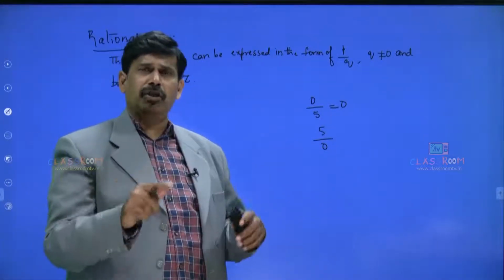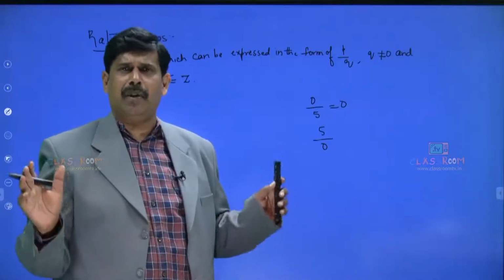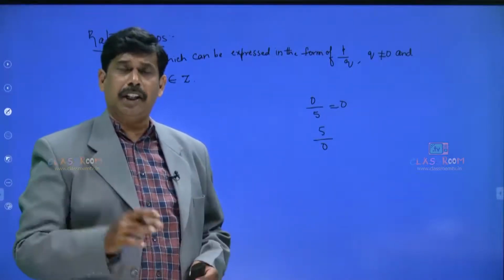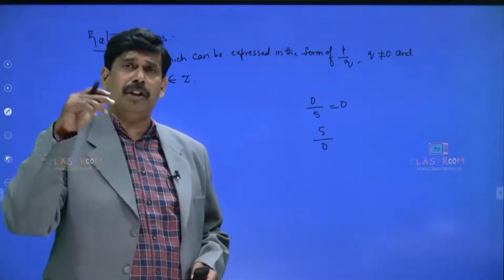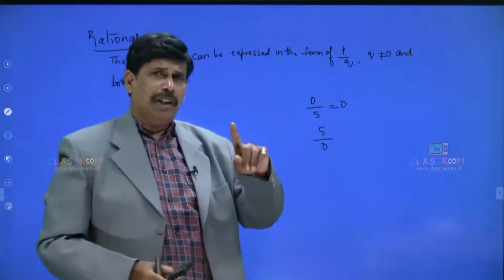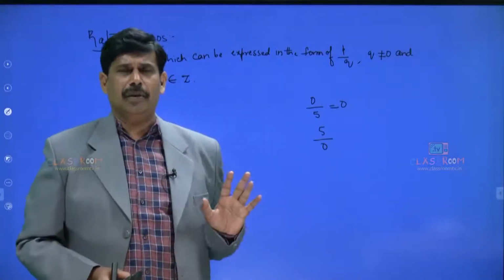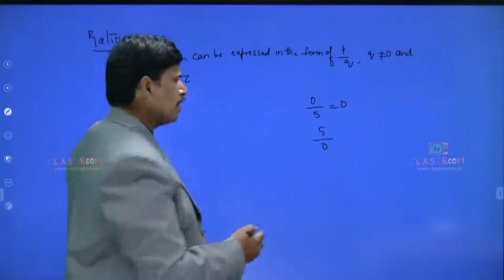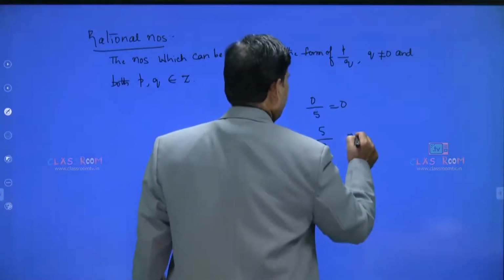If 0 is in the numerator, the result is 0, no matter whatever the denominator is. 0 by 0 is a different form, an undetermined form. So if the numerator is 0, the result is 0. But if the denominator is 0, then we simply write that it is not defined.